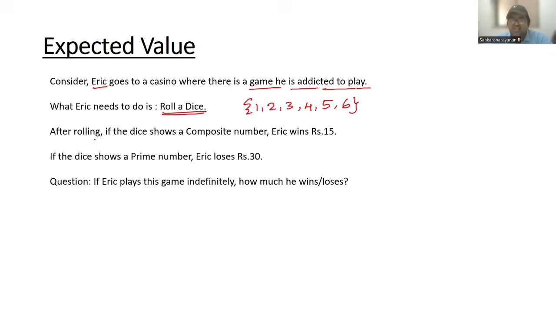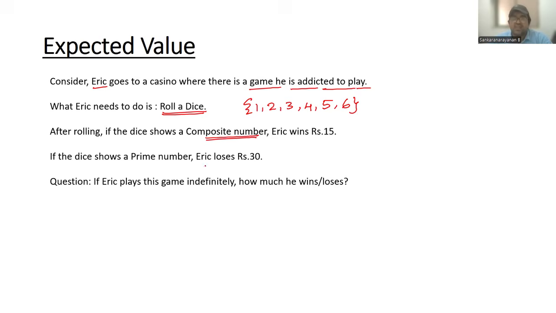Now, after rolling this dice, if the dice shows a composite number, then understand Eric wins rupees 15. If the dice shows a prime number, understand Eric loses rupees 30.